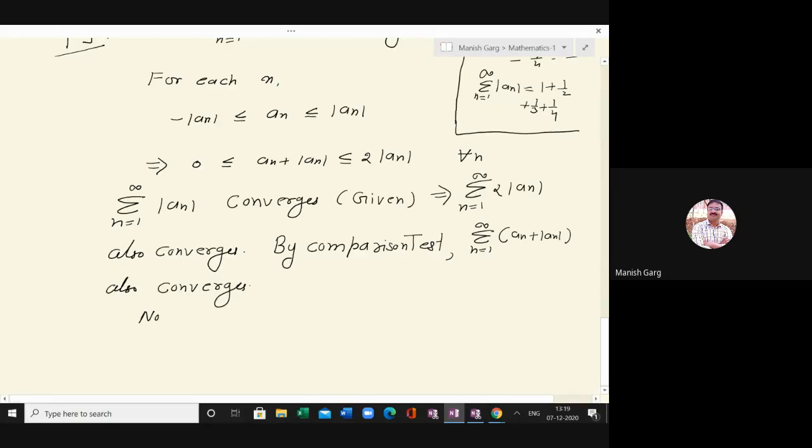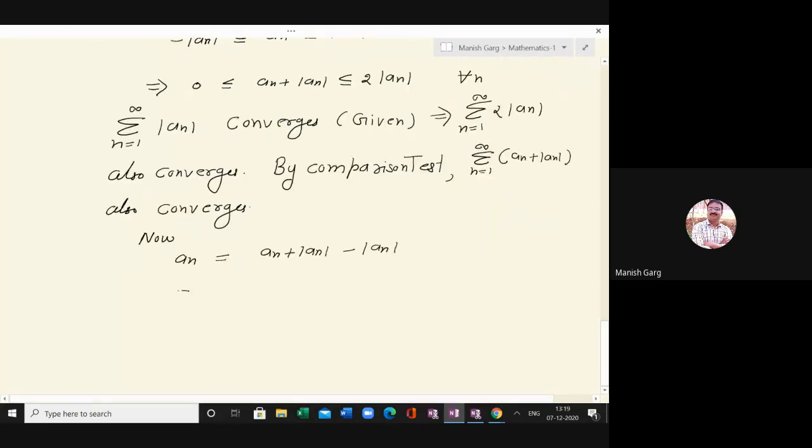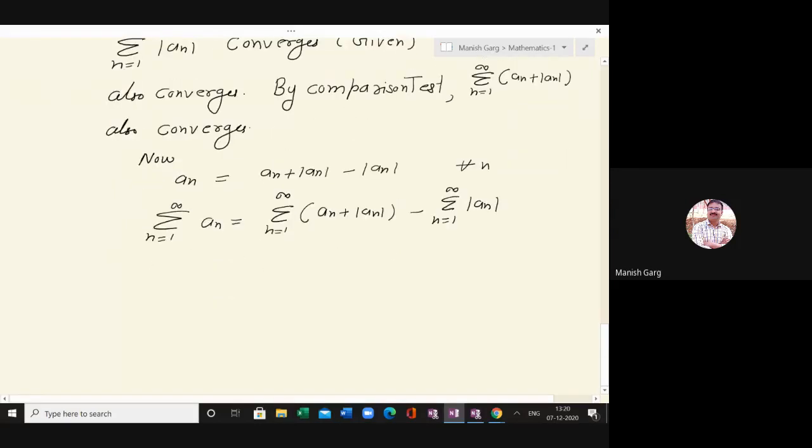Now, you can write an is equal to an plus mod an minus mod an, so the sum from n equals 1 to infinity of an is the series of an plus mod an minus the series of mod an.